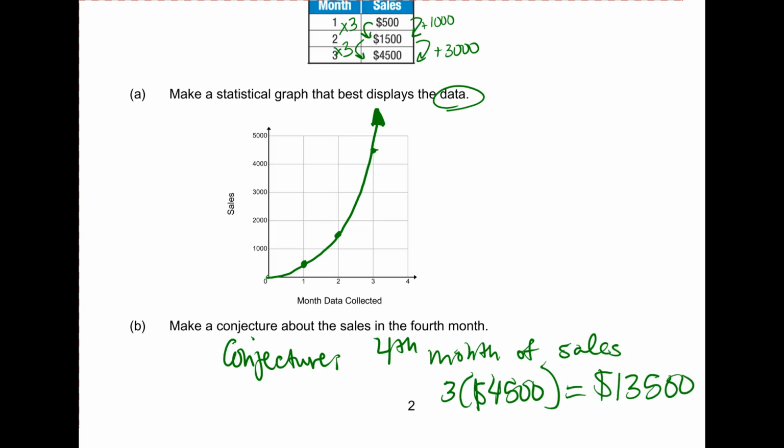All right, let me pause here. Are there questions? Don't move too fast. On the test, you will not put the 2 answers for us to pick out of, will you? You do have to know the vocab. If I say make a conjecture about sales in the 4th month, you have to know that conjecture means educated guess.